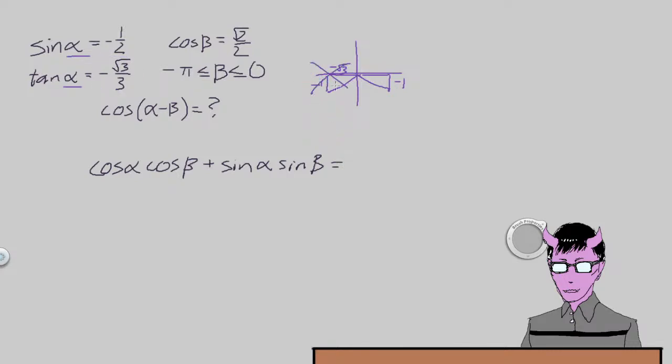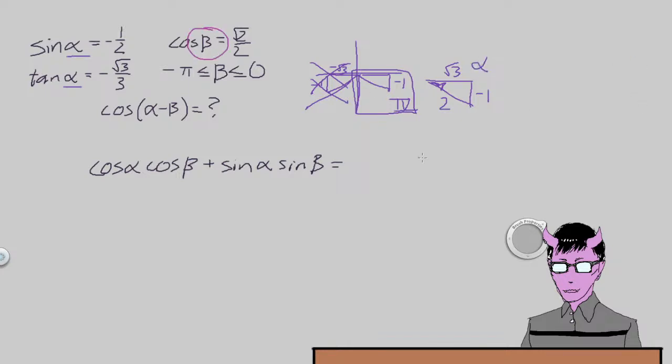So it can't be this one, which tells us that alpha is in quadrant 4 only. So there we go. And then all we have to do is just take the ratio from there. So the ratio for the quadrant 4 scenario is -1 opposite, √3 for the adjacent, and 2 for the hypotenuse for alpha.